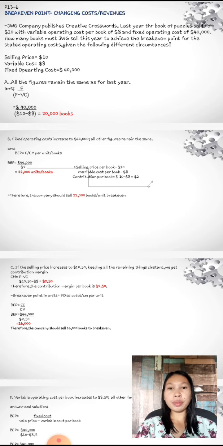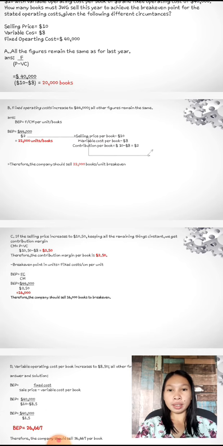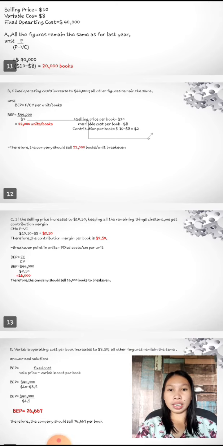Answer. The formula for this problem is BEP = F / (P - VC). So $40,000 divided by ($10 - $8) equals 20,000 books. In B, the fixed operating cost increases to $44,000, with all other figures remaining the same.